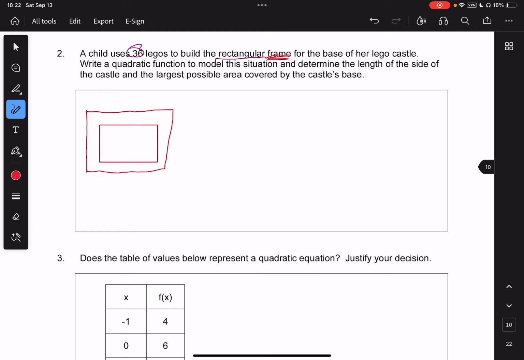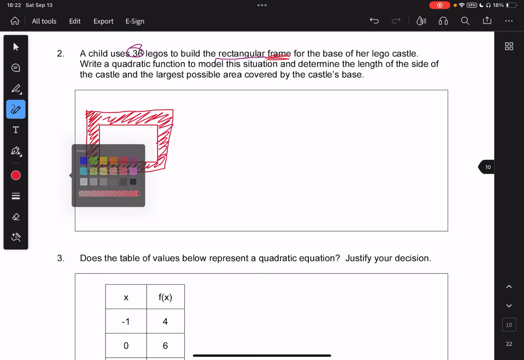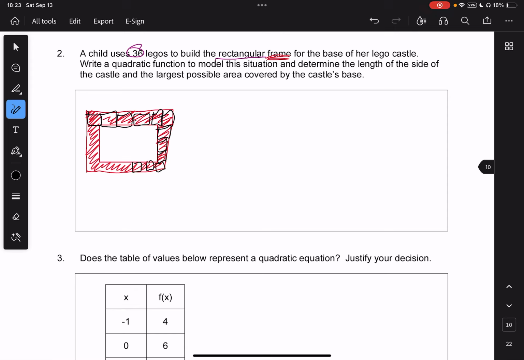The picture frame is just the outside. So with her Legos, she's building a certain amount of Legos for each of these sides. Each of these is one Lego, and all of these Legos together are 36. So we know how many Legos she used. We're trying to figure out how many are on this side and how many on this side.